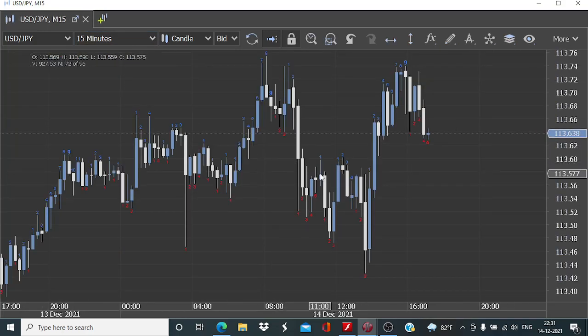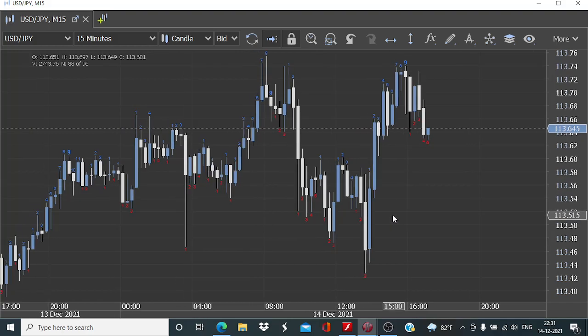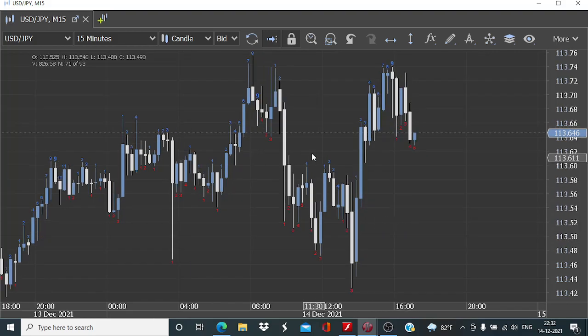So provided the 4 hourly time frame condition is in place, we will look to initiate the trade when the reversal happens on the lower time frame. So we will need the last 15-minute output of the TDS to be in the positive territory, but the penultimate 15-minute output should have been negative. So this kind of formation where the reversal is happening, we will be looking to initiate the trade. So these are a couple of examples here.